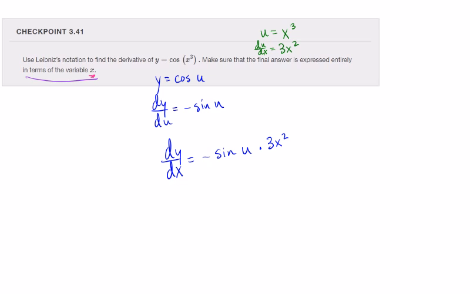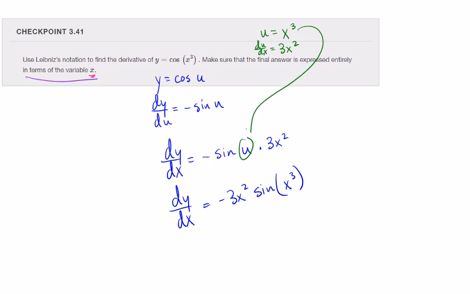So we're going to substitute u back in, and we'll get it back in terms of x. All right, so if you got negative 3x squared, and I just put this 3x squared in the front, right? But if you got negative 3x squared times sine of x cubed, we put x cubed back in for u, right? Then good job. That's exactly right.